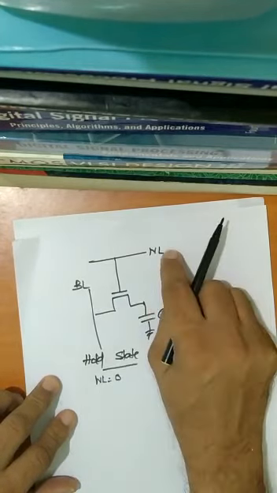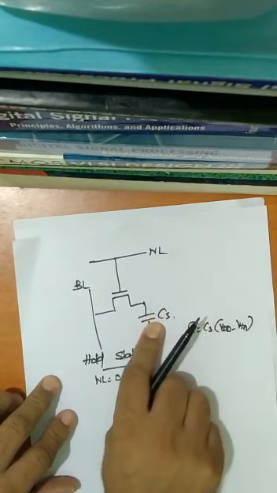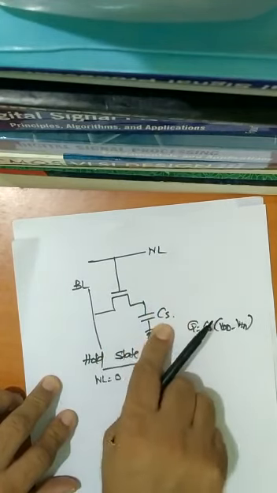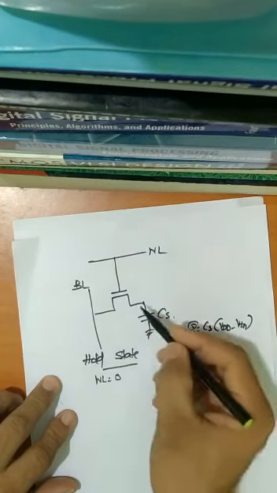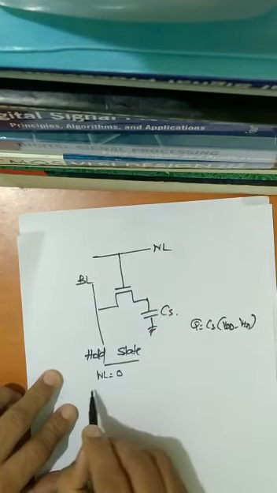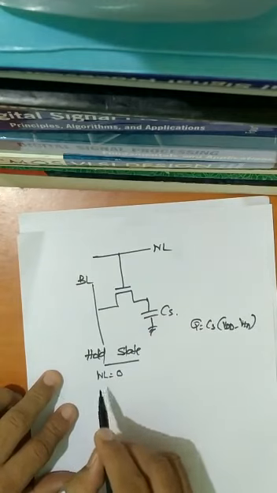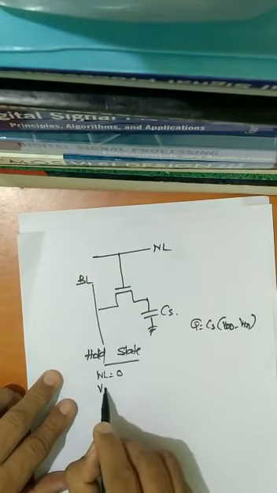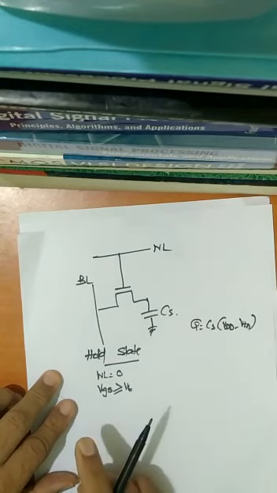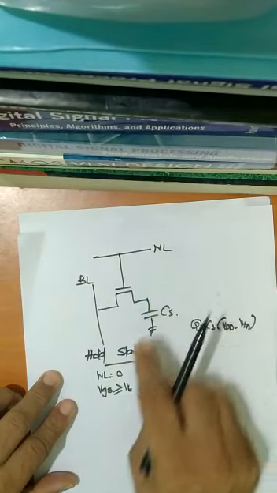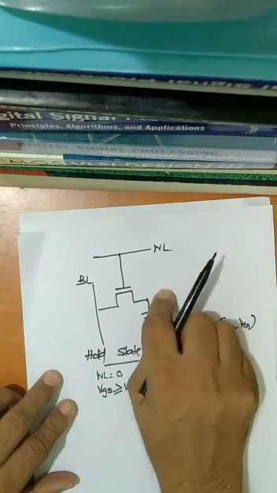So the word line is disabled, and whatever charge is stored in this capacitor will be held as it is. Then you see there is leakage in this transistor. Normally the transistor conducts when VGS is greater than or equal to VT. Your word line is disabled, so the transistor is off.